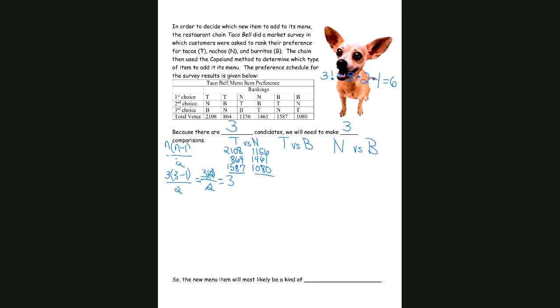Unless I've made a mistake, which could happen, tacos ends up getting 4,558 votes, and nachos gets 3,697 votes. So in this case, tacos wins that comparison, right? So tacos, or T, gets 1 point.